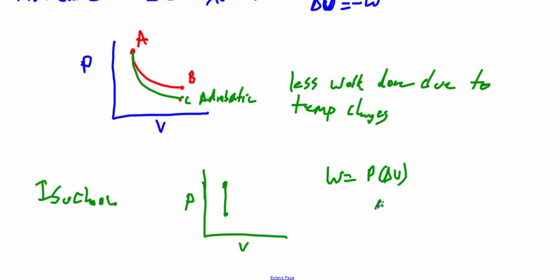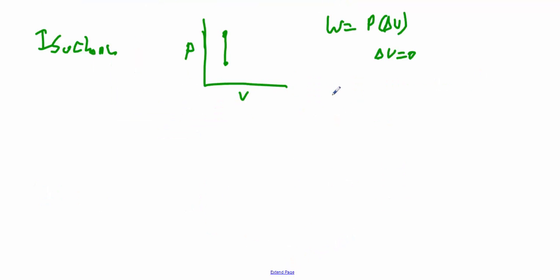If the change in volume is equal to 0, then no work is done. And so what happened here? Well, if we go back to internal energy, delta U equals Q minus W. If there's no work done, then that means all the heat added went into thermal energy, which means this is just going to be a temperature change. Temp change only.